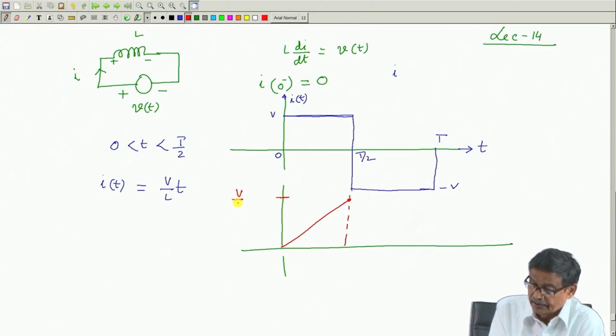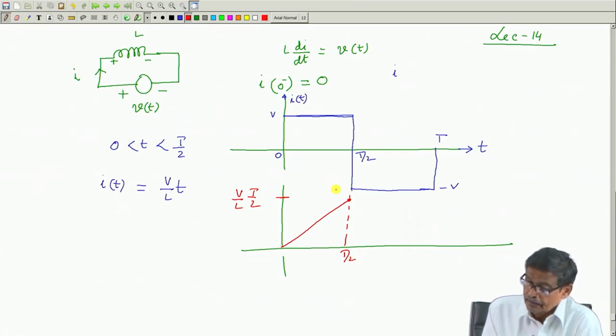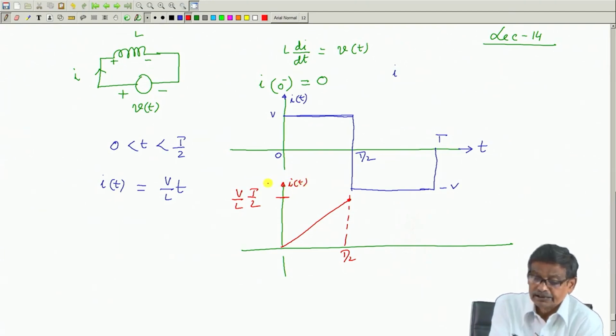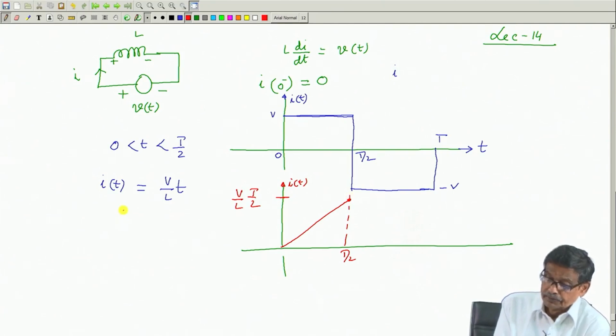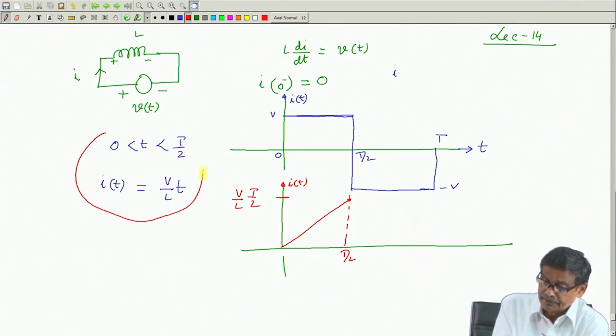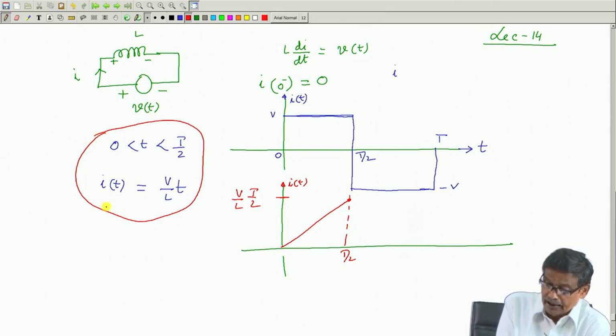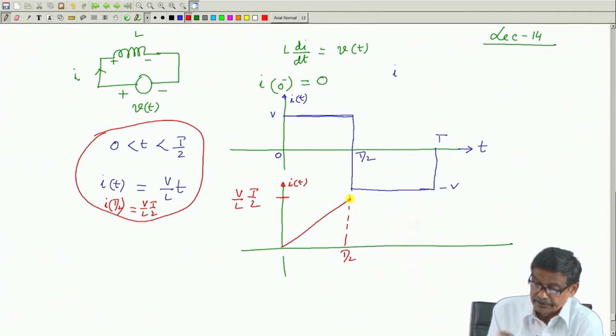It will be V by L into T by 2, put that value of T. Now, you see this axis is current. Voltage applied across the inductor, with this plus and this minus, is indeed positive and current was increasing. So, during this time this is what is happening, and I at t equal to T by 2 will be equal to V by L into T by 2 at this instant, fine.